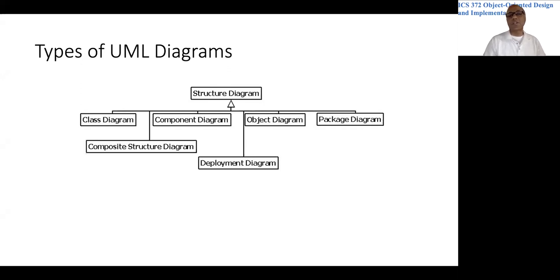It is used mainly as an example, because a class diagram is a little more, I would say, abstract, whereas an object diagram is showing you a specific situation that might throw a little more light into what things in the class diagram mean. A package diagram shows the various packages of the system, what classes belong to which packages, and so on. We are not going to worry about the other three.